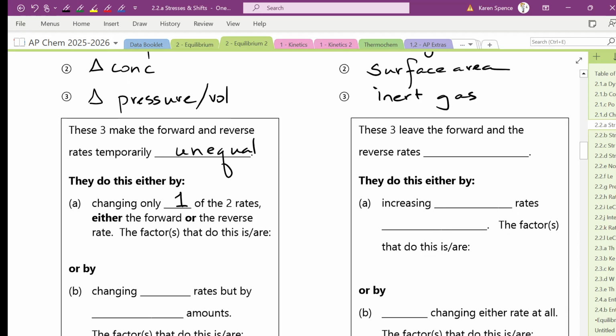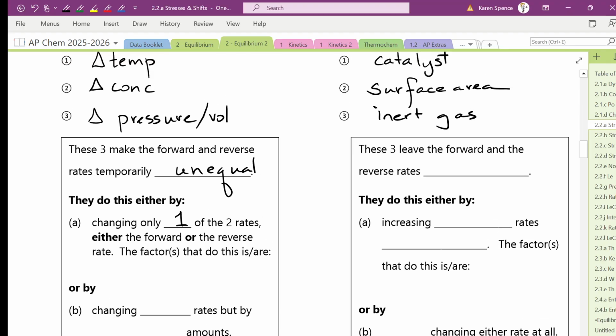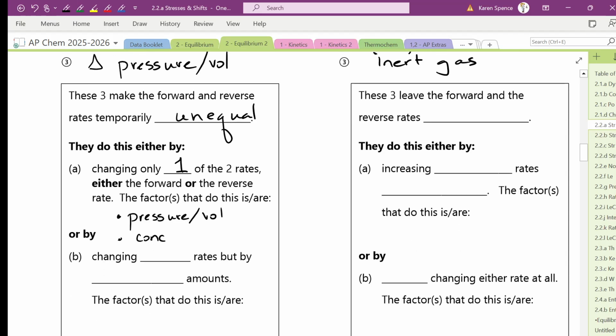The factors that do that are pressure, volume, and concentration. Or we can get changing both rates, but by different amounts.